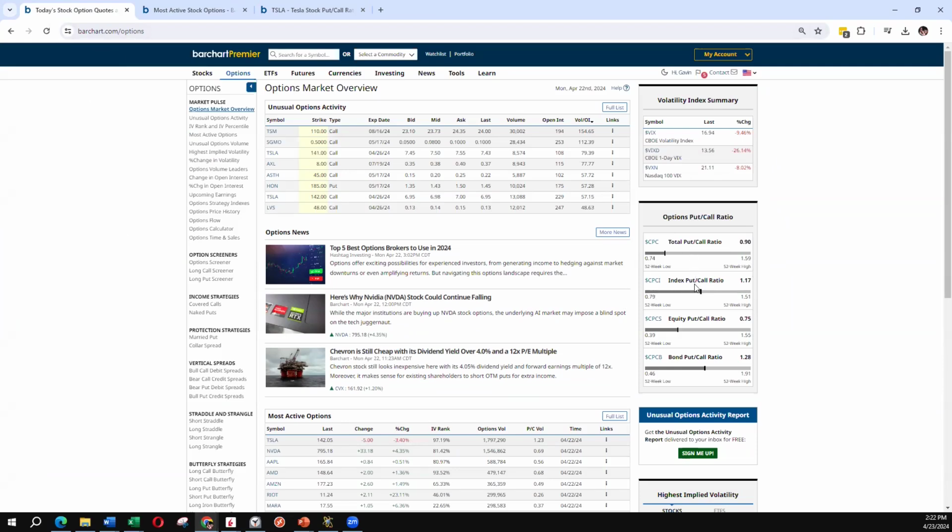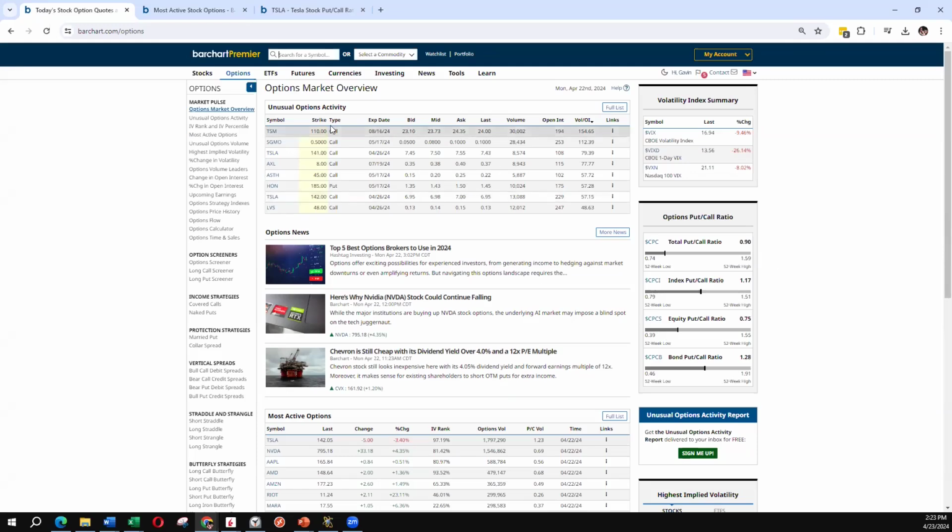CPCI is just the index put-call ratio. Then CPCS is just the equities, and then we've got a bond put-call ratio as well. So really quick way to scan the market and see what's happening on a day-to-day basis. We can see we've got a 52-week high, 52-week low, and a good one to just keep a track of. Really simple to view that very, very quickly each day on barchart.com.